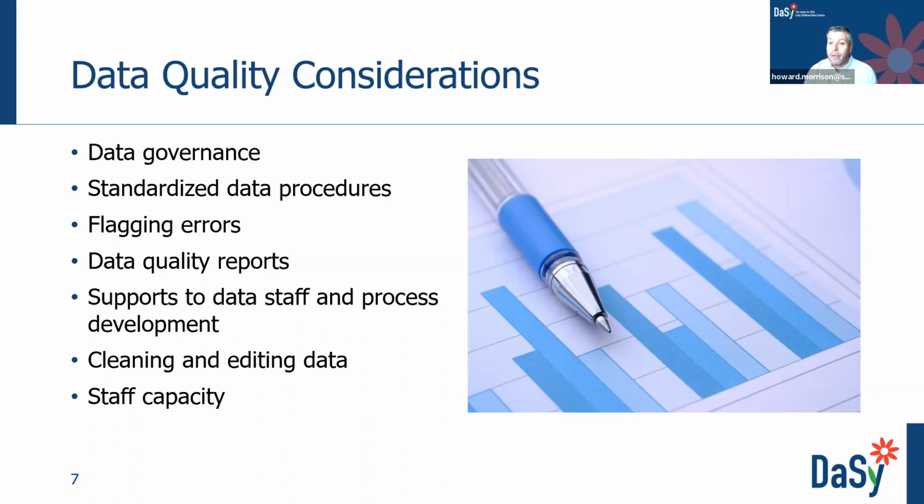Document how duplicate records from multiple agencies or multiple service providers at the local level are handled, how incomplete data are handled, and how local agencies are informed of potentially missing data. These standardized procedures should be documented and regularly updated.